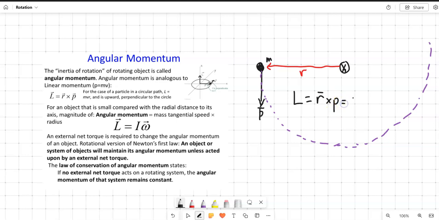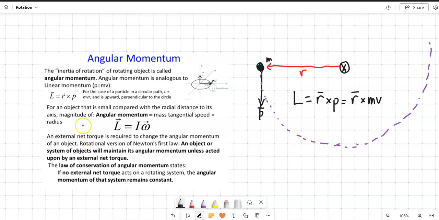In other words, that distance r times that linear momentum is now this angular momentum. And so that's our introduction to angular momentum.